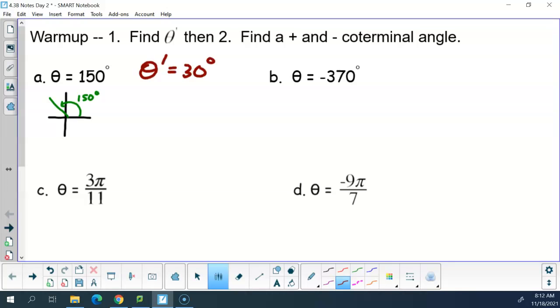Positive coterminal angles: 510, 870, 1230.